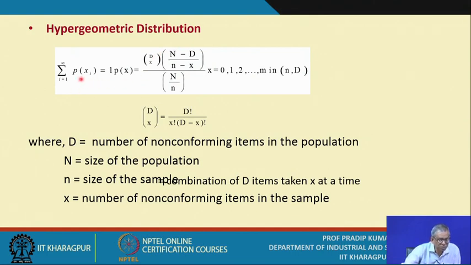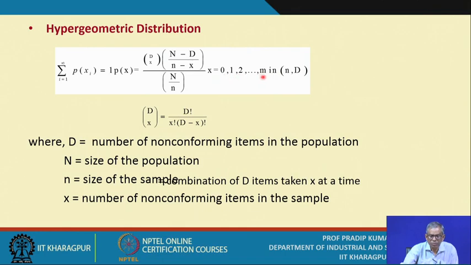So the p(x) is given by dCx times (N minus d)C(n minus x), divided by NCn. These are the expressions you use, where x is the number of non-conforming units in a sample.